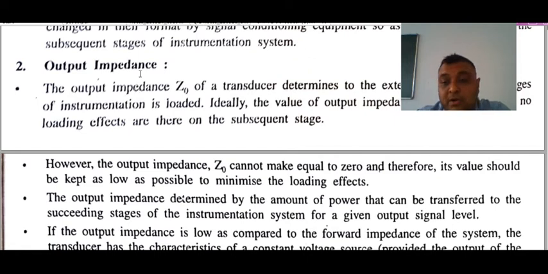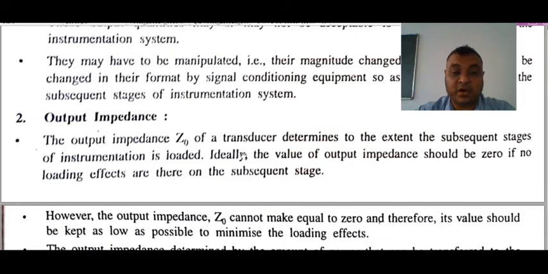Okay, so the output impedance Z0 of a transducer determines the extent to which the subsequent stages of instrumentation are loaded, and ideally the value of output impedance should be 0 if no loading effects are there on the subsequent stage. Now what it says is that the value of output impedance should be 0.